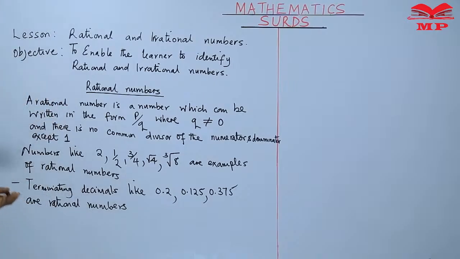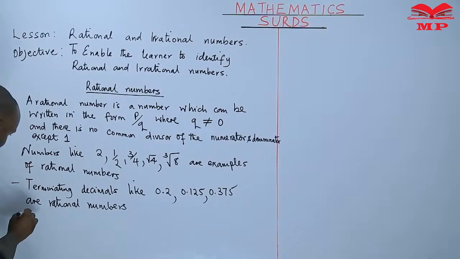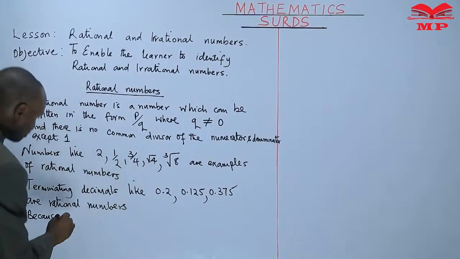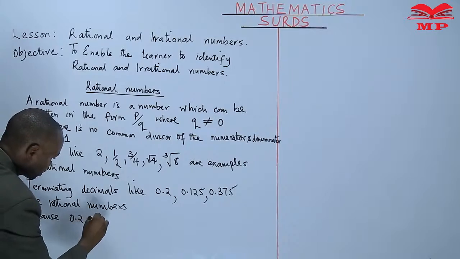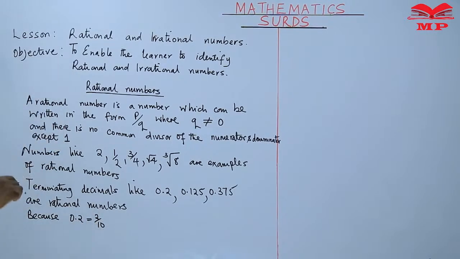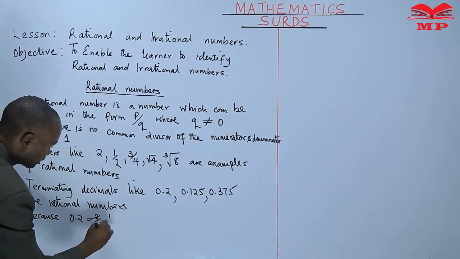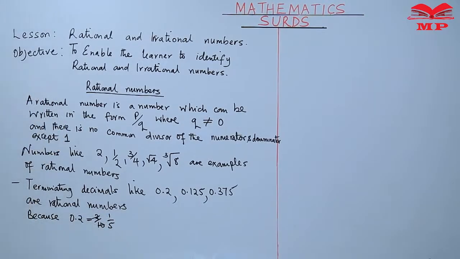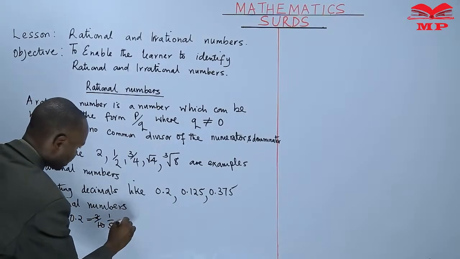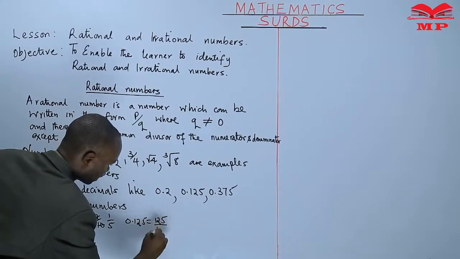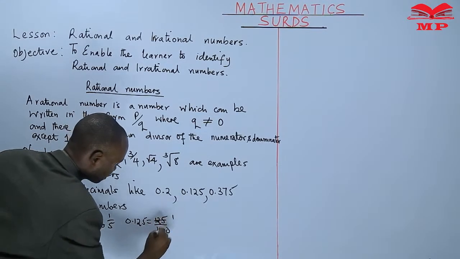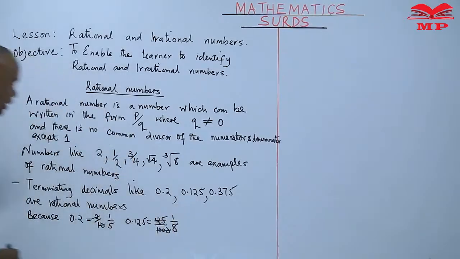And one would ask why is that the case? Because if you write 0.2 as a fraction, it is 2 over 10, learner. 2 goes into 2 once, 2 goes into 10 five times. If you write 0.125 as a fraction, it is 125 over 1,000. 125 goes into 125 once, 125 goes into 1,000 eight times.